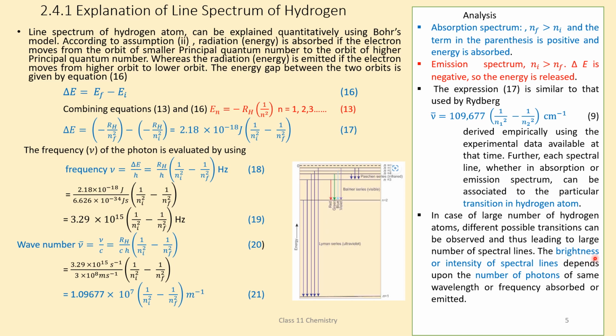The brightness or intensity of the spectral lines depends upon the number of photons of the same wavelength or frequency absorbed or emitted. Please remember, the brightness of the spectral lines depends on the number of photons of the same wavelength or frequency absorbed or emitted.